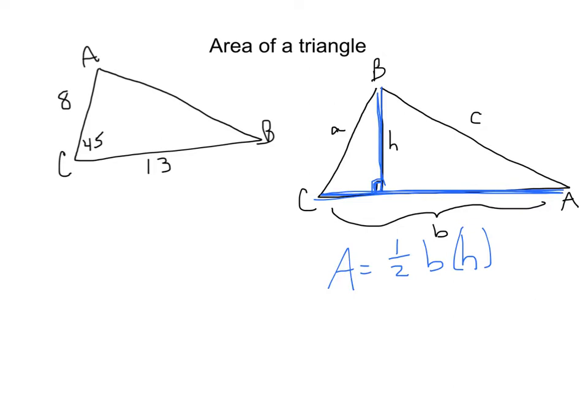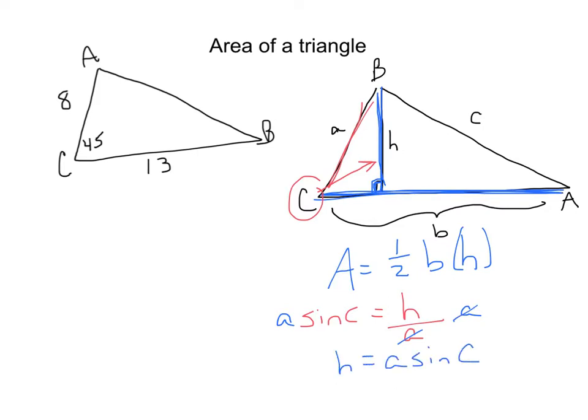From this angle, the sine of C is equal to the height, opposite, over its hypotenuse, which in this case will be A. Solving for H, I multiply by A, and H will be equal to A times the sine of C. Substituting this piece for H up into here, I will get 1/2, well, it would be BA sine C, so I'm going to rewrite it AB sine C.